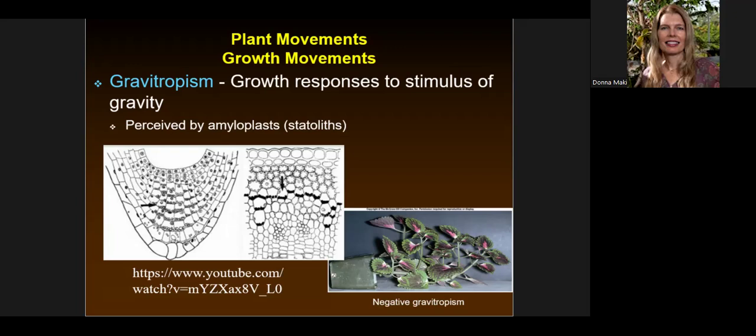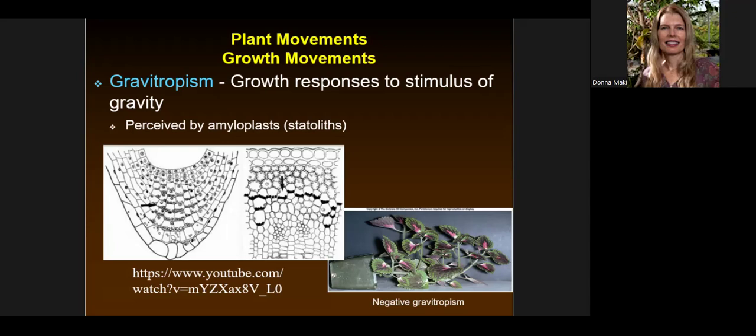So here's a root tip area, and you see all these little circles. Those are the amyloplasts that store, what carb? Starch. They store starch. Of course, they had to give them a special name. They call them statoliths. They're just special amyloplasts.